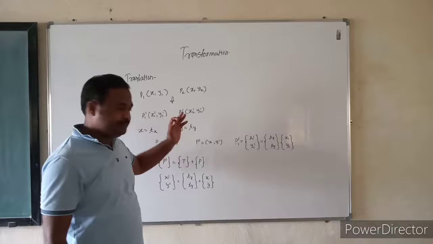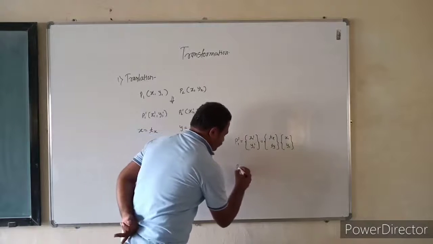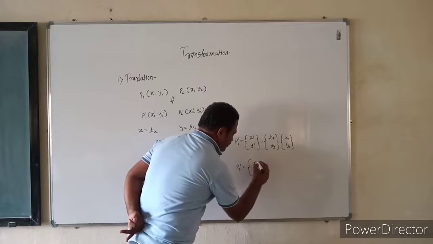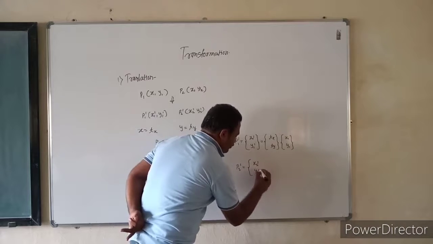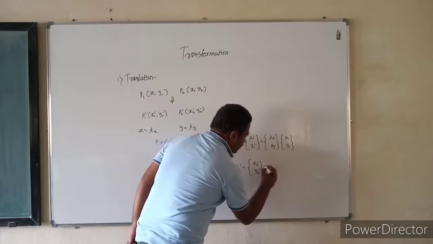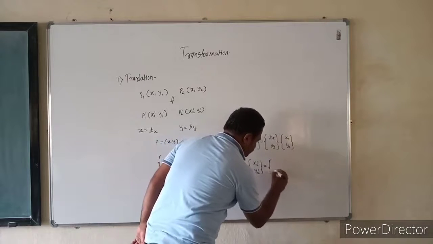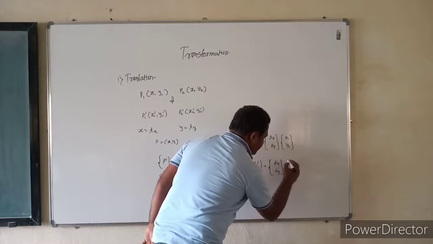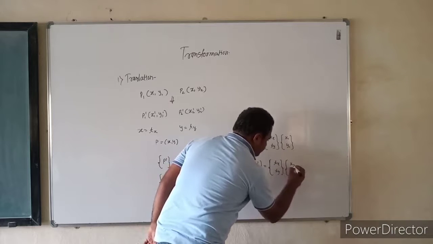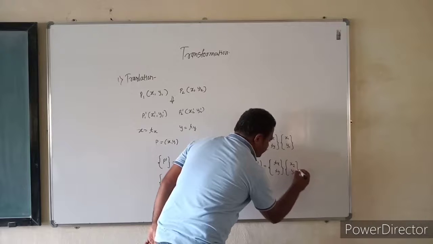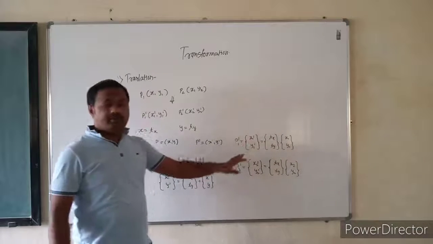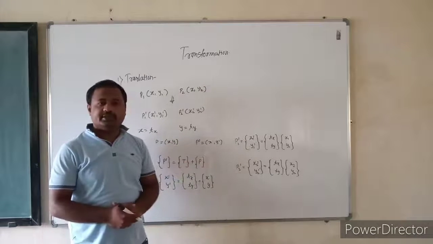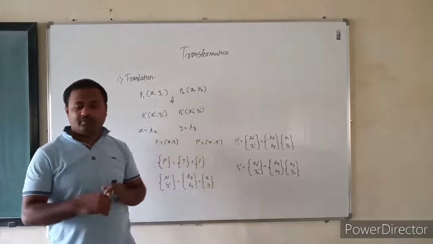Similarly for P2, x2 dash, y2 dash is equal to tx, ty plus x2, y2. These are the new coordinates for this line P1 dash, P2 dash. Okay, we can go for next.